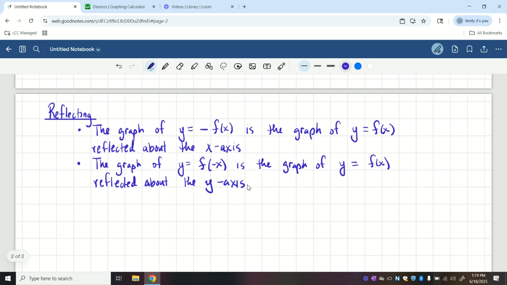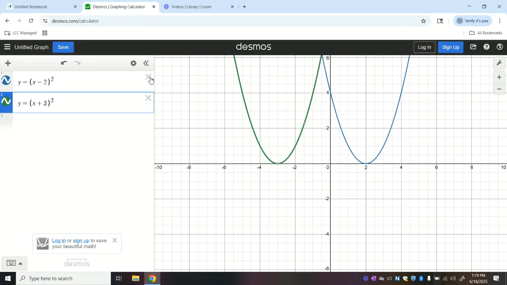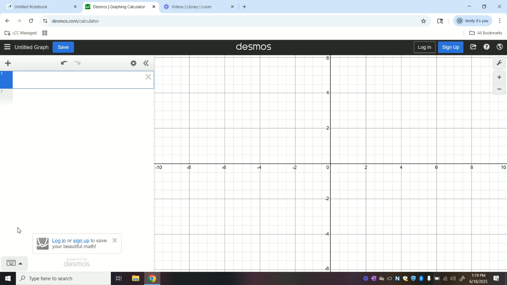Okay? So just for kicks here, let's look at the square root graph and see what happens when we put a negative in front of the square root, or we put a negative under the square root with the x. We're going to do y equals square root of x. So there's the regular square root graph.